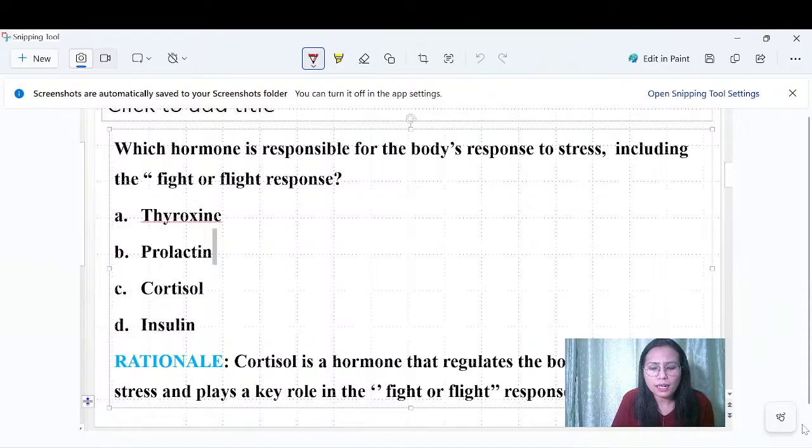But if adrenaline is not an option, the next major stress hormone is the cortisol. So cortisol is a long-term stress hormone.